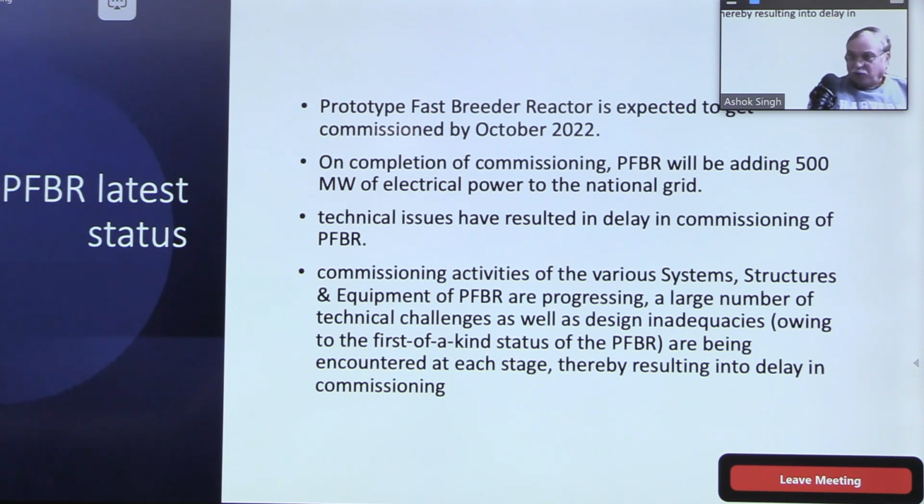But most importantly, with regard to that sodium circulation, because some leakage takes place, that creates problems in the functioning. So technical challenges and design inadequacies are being encountered, and this is responsible for the delay in commissioning.